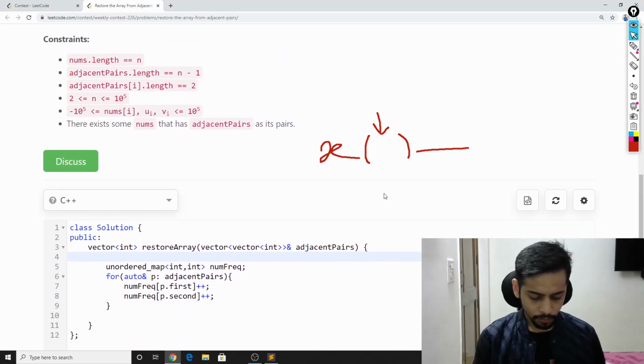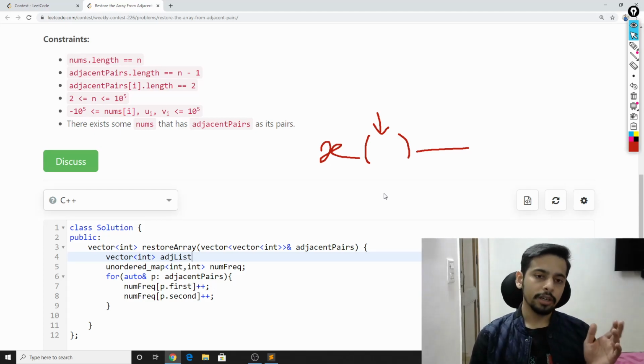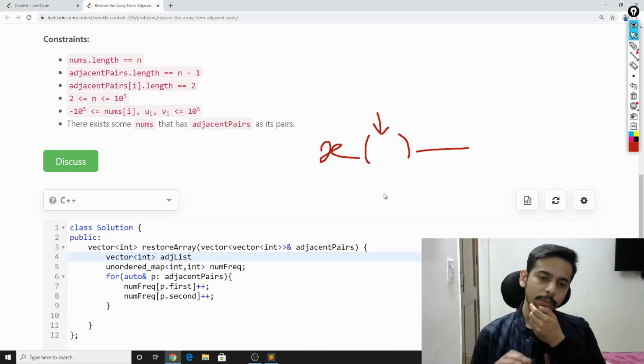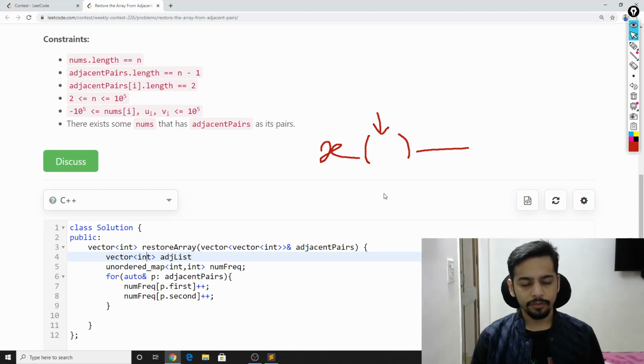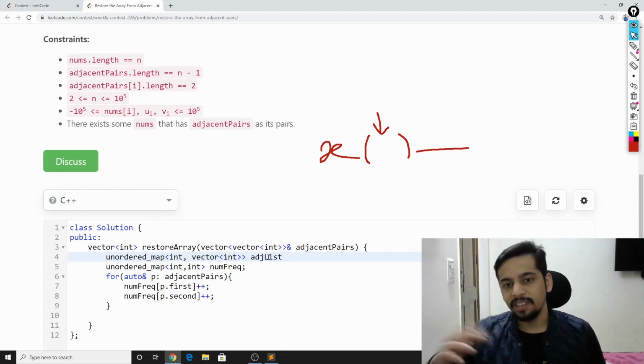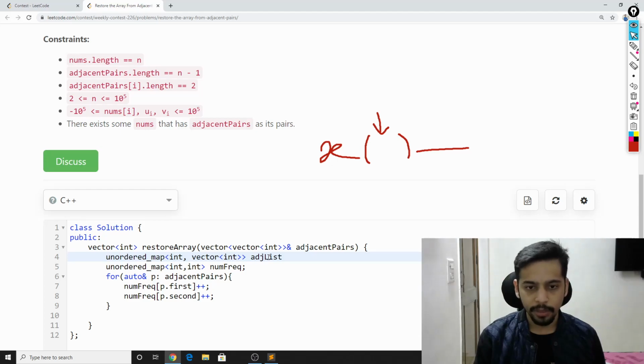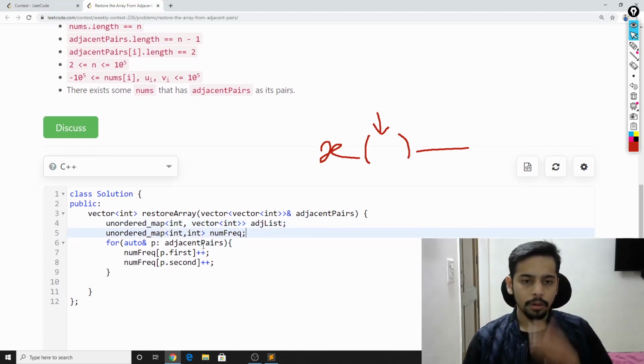Let me say vector int adj list, and I'll be like, okay, adj list for this particular number. In fact, it should be an unordered map of int comma vector int. So it's basically saying that adj list at x is the vector of people who are adjacent to x. That's what it means. Okay.